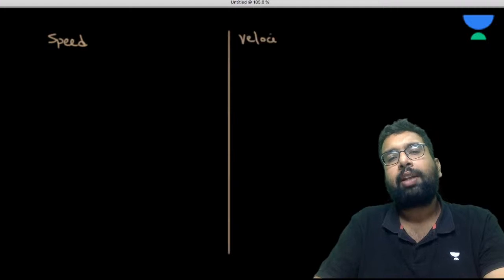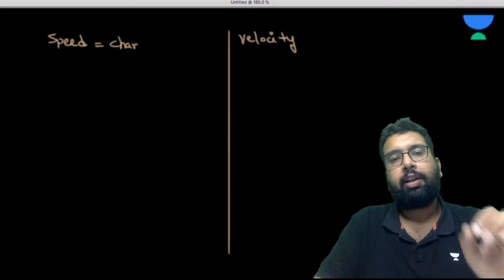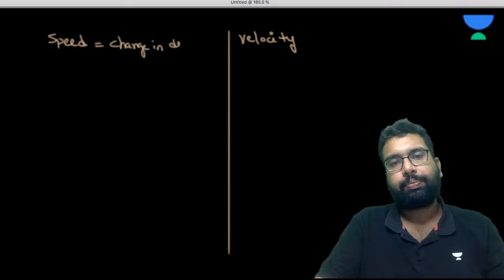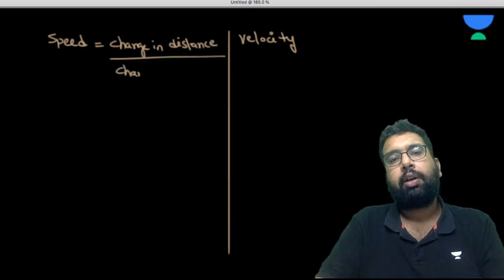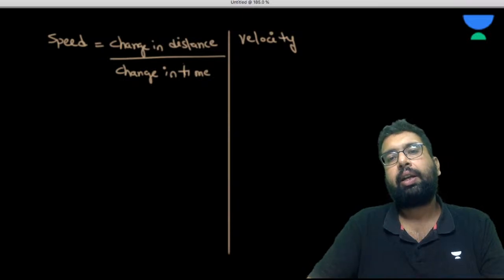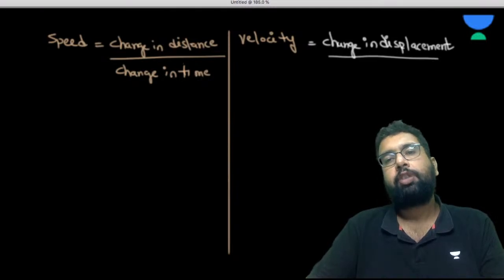Speed is the change in distance upon change in time, whereas velocity is the change in displacement upon change in time.